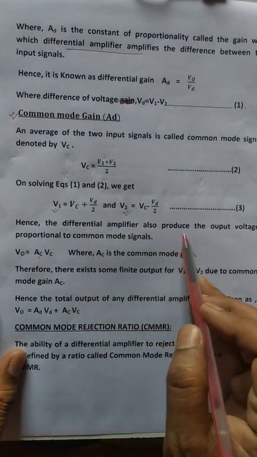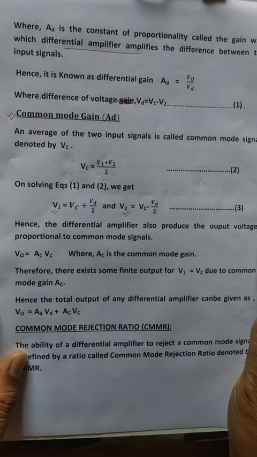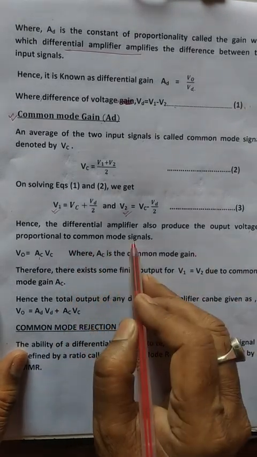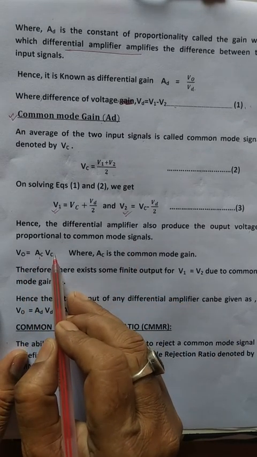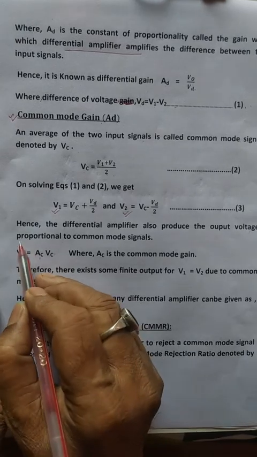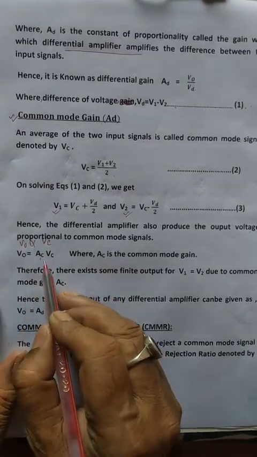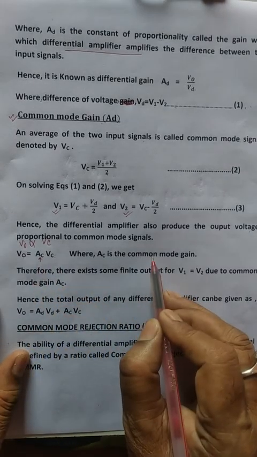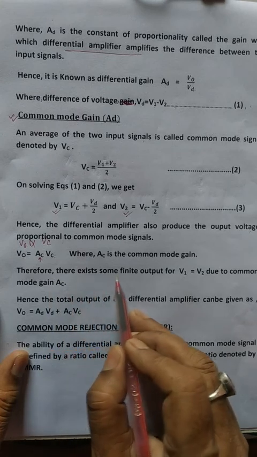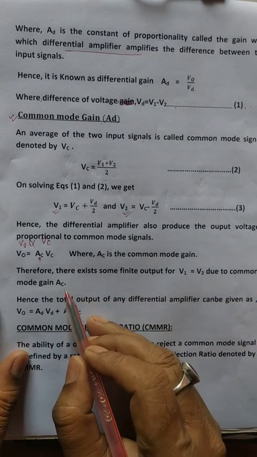The output VO is directly proportional to the common mode signal VC, or VO is equal to AC VC. Here AC, again a constant, is known as the common mode gain. Therefore, there exists some finite output for V1 equal to V2 due to the common mode gain AC.